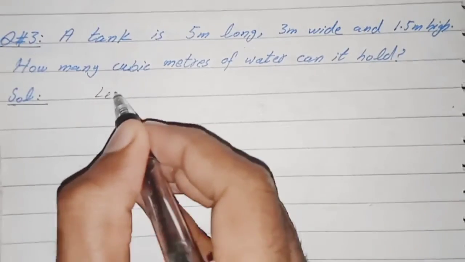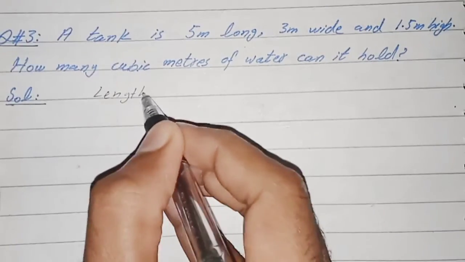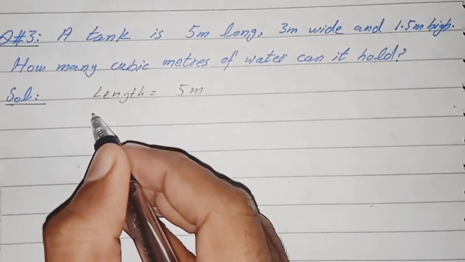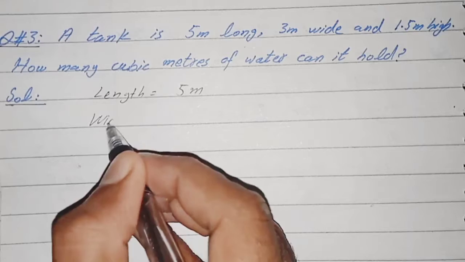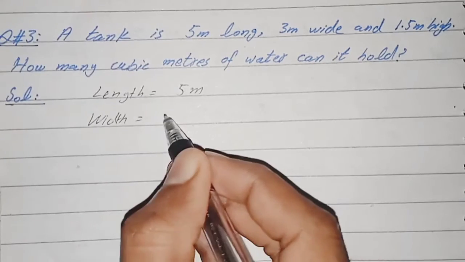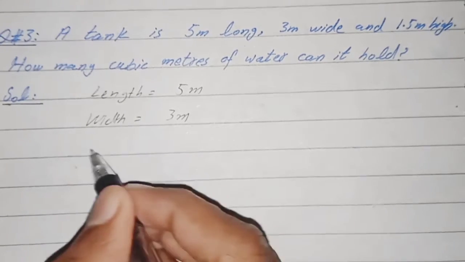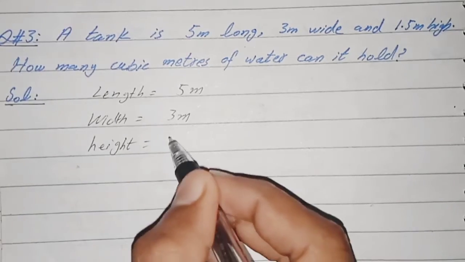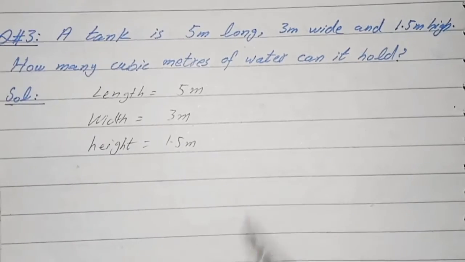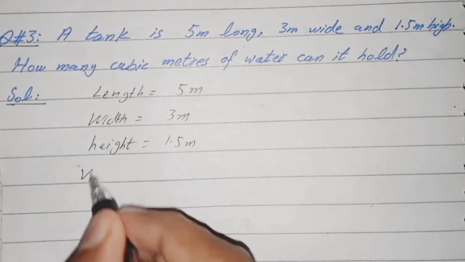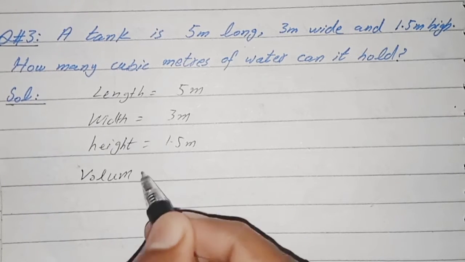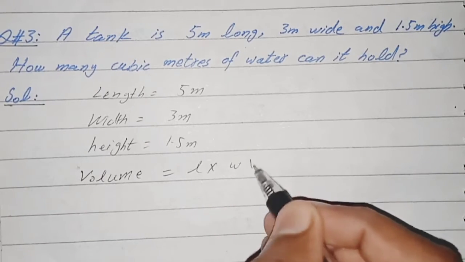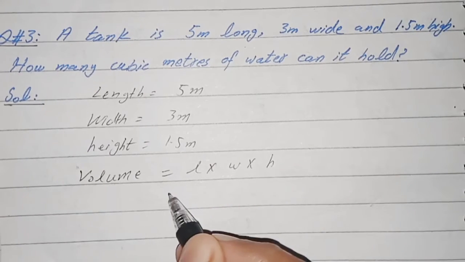as length is equal to 5 meter, width is equal to 3 meter and height is equal to 1.5 meter. The volume will be equal to length multiply breadth or width multiply height h.